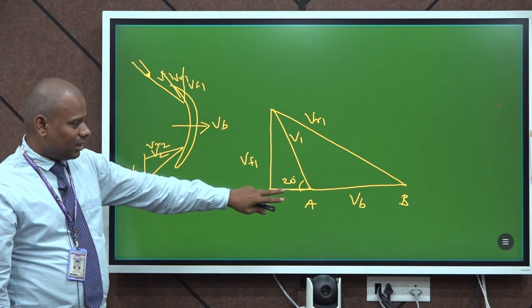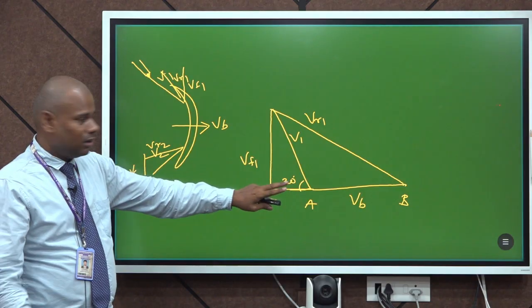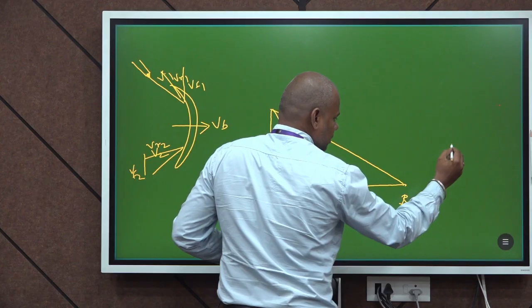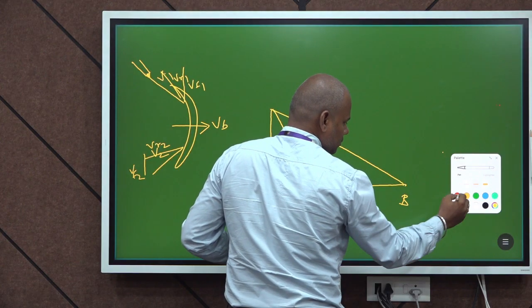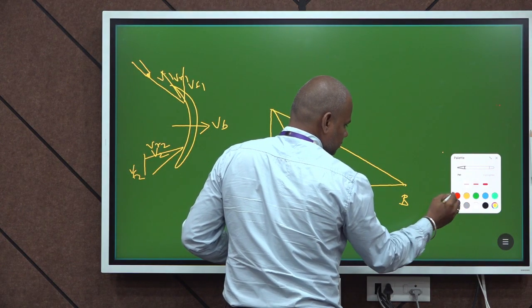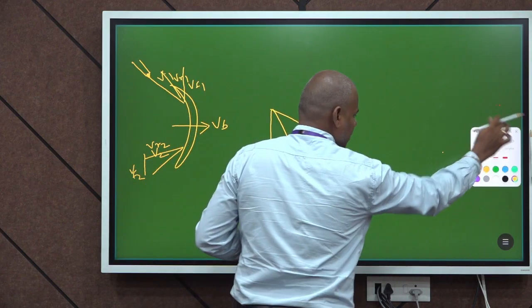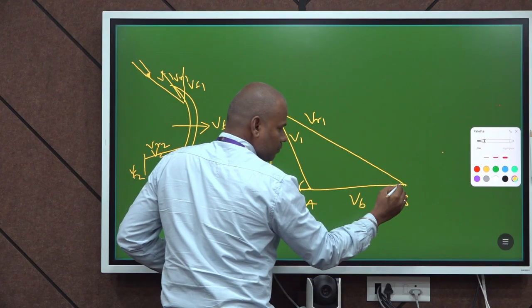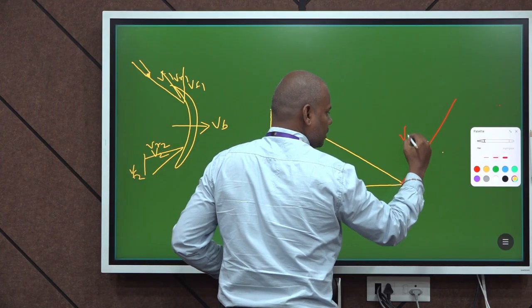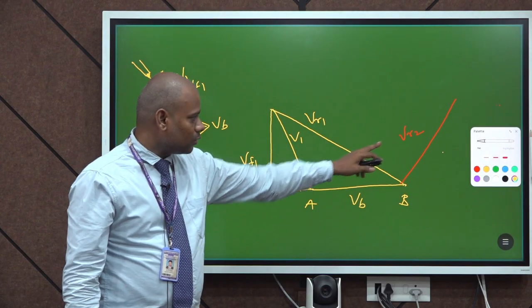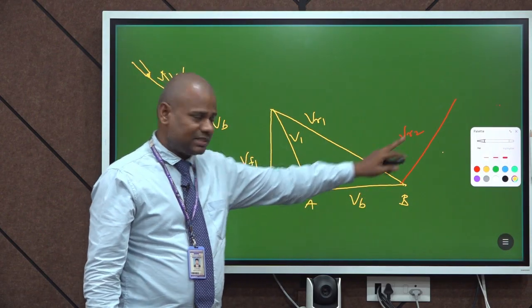I will draw it as an inverted triangle, so that you will get to know what it is. And we will change the color. So VR1 is at entry level, and VR2 is at exit. So VR1 is at inlet, VR2 respective to VR1 is at exit.